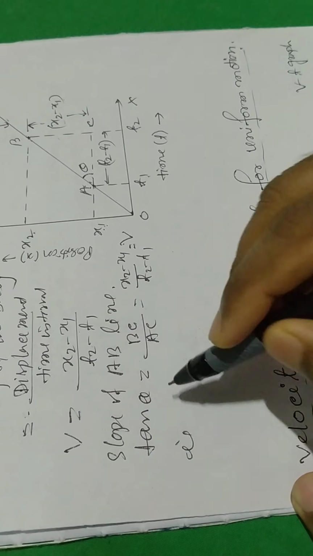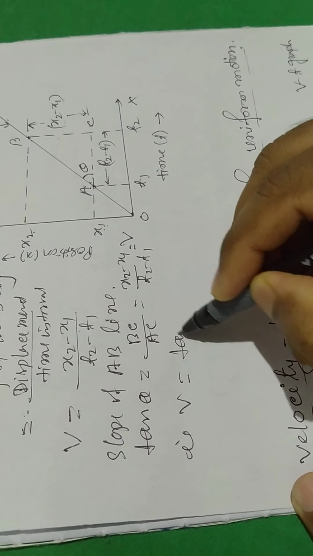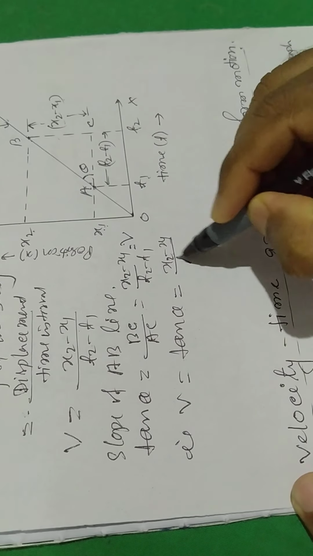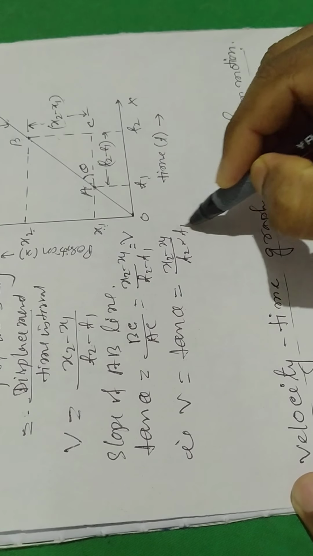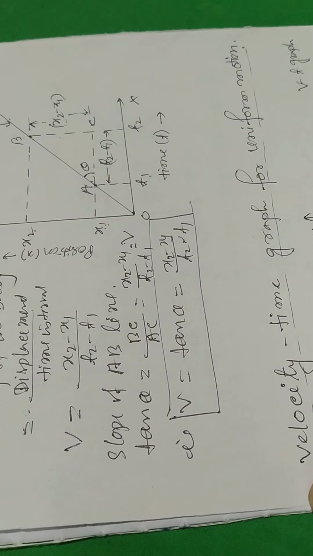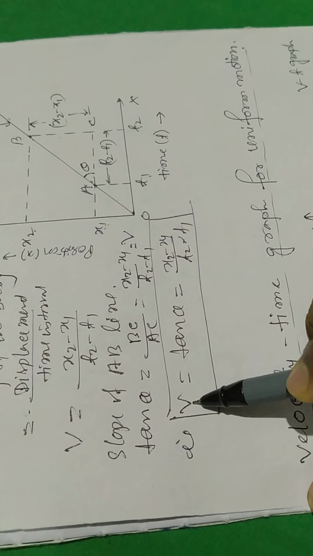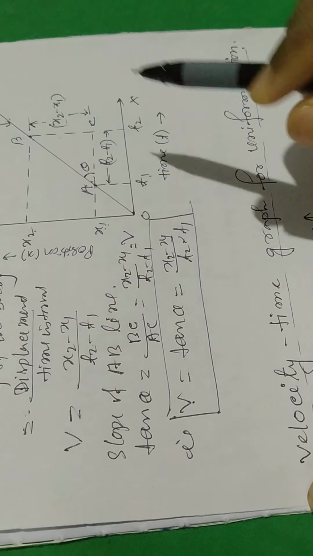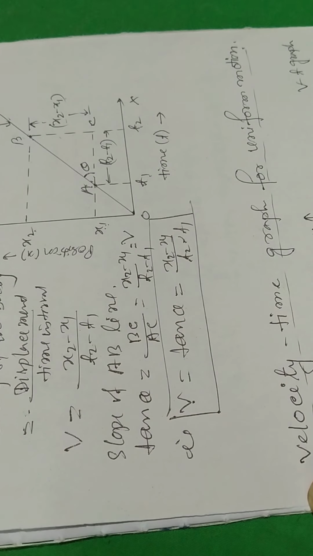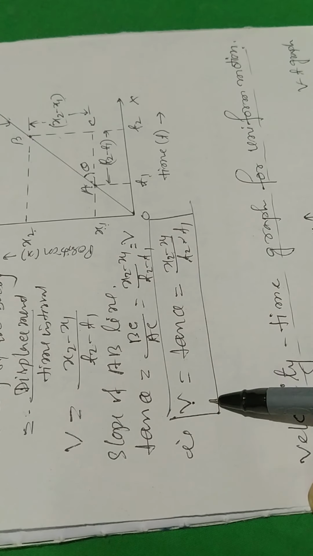That is, v equals tan theta equals (x2 minus x1) divided by (t2 minus t1). So from the x-t graph for uniform motion, the slope of the x-t graph represents velocity.